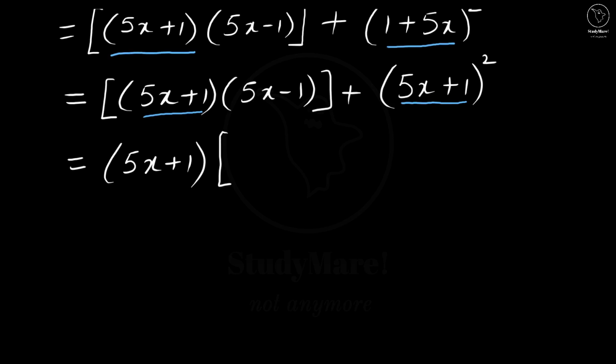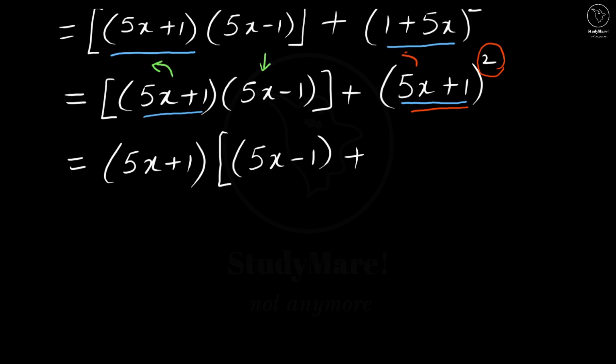Now, in the first expression, 5x plus 1 has gone out and 5x minus 1 stays. That means here we have to write (5x − 1) plus. Now, we have 5x plus 1 over here with a power 2, which means there are two instances of 5x plus 1.